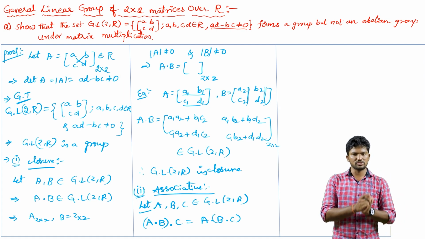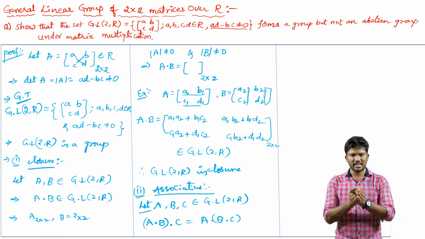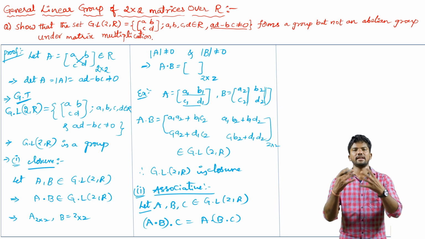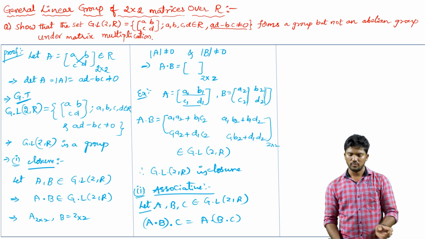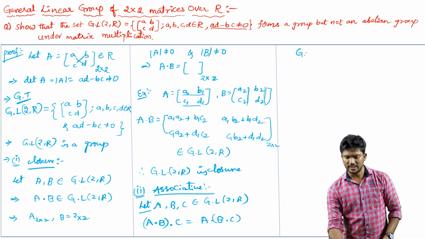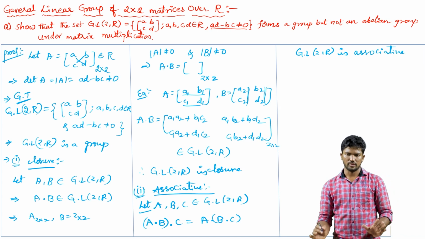As we proved in the closure property, the multiplication of any two matrices again is a matrix. The same logic is used here, so trivially we can say that GL(2, R) is associative, no need to prove it.